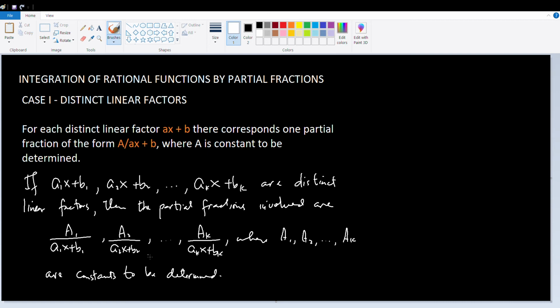So if there are k different linear factors in the denominator, there will be k partial fractions. So the integrand will be written as a sum of these k partial fractions.